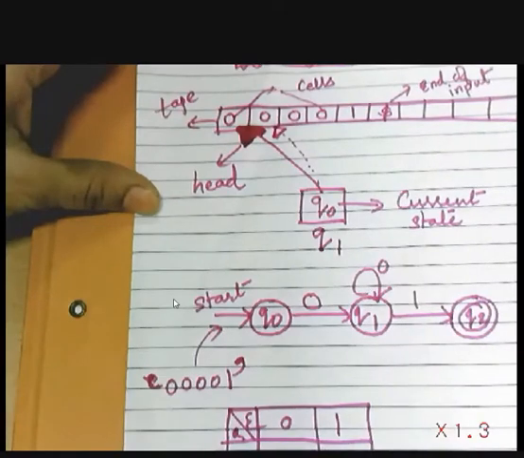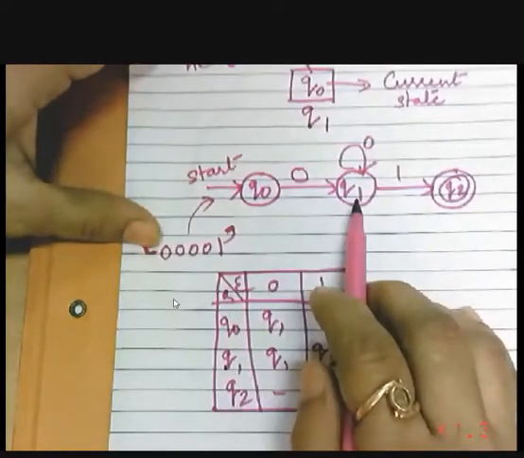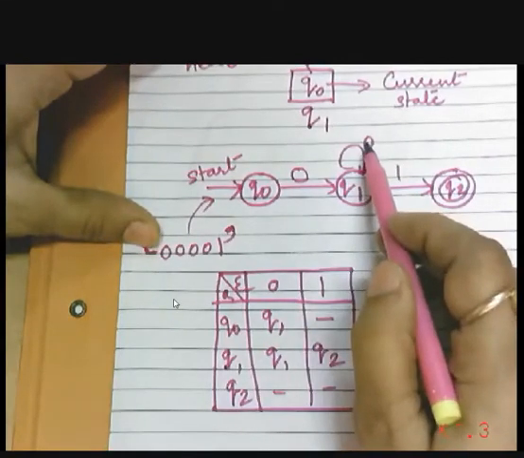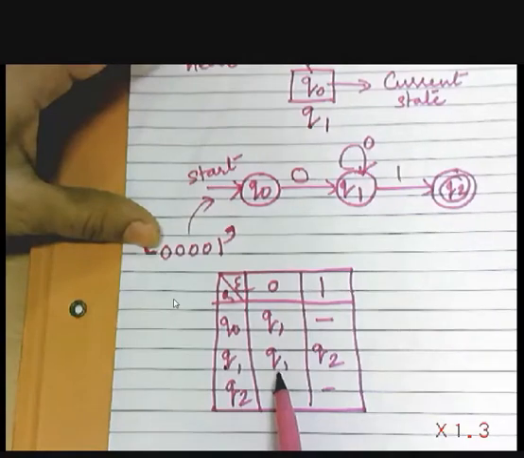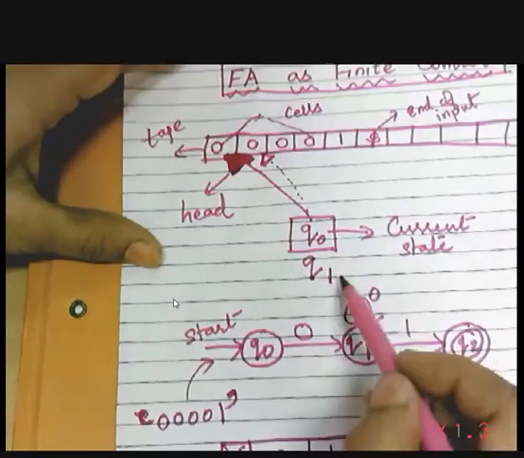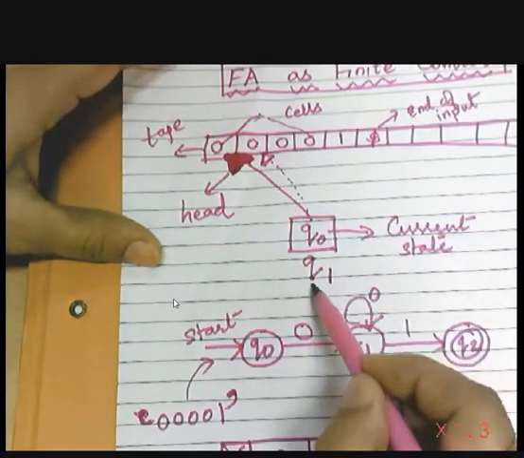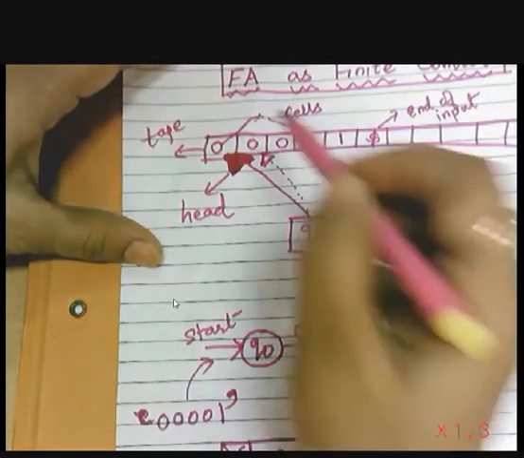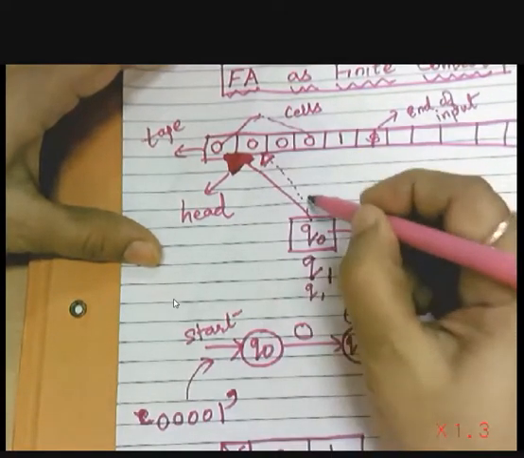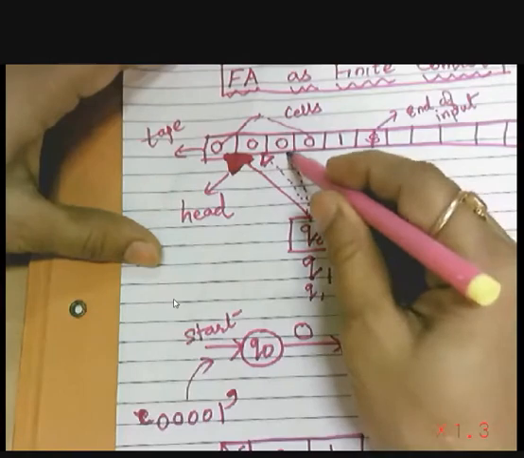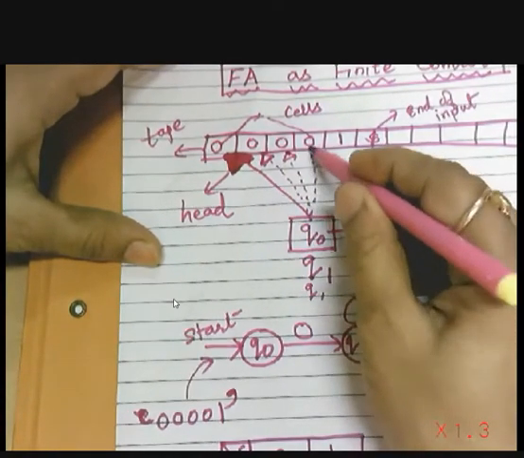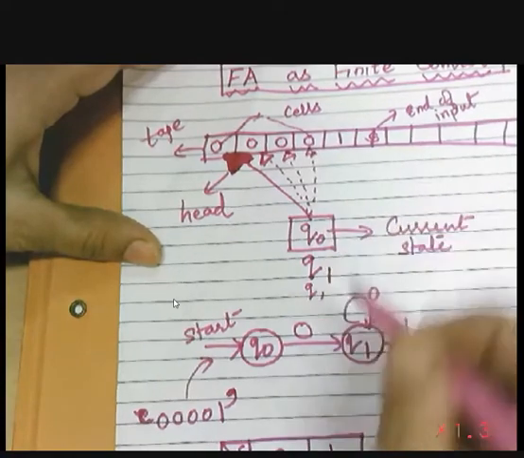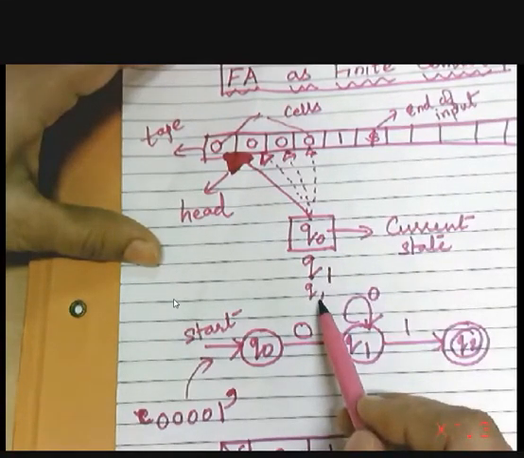Current state Q1 and input symbol 0, it is moving to Q1. So my current state will remain the same after reading this. Again I move to the next 0, the same thing happens. This will be repeated, and the current state will remain Q1 only.